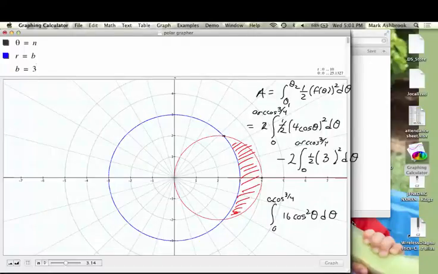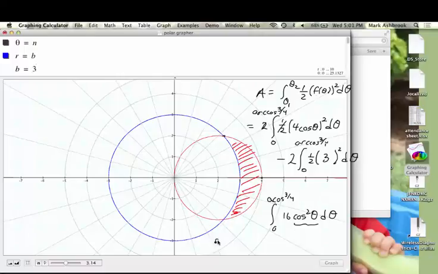This is the most important integral from section 6.2, either cosine squared or sine squared. Everyone needs to know how to do that integral by hand. Do you remember what you use? Half angle formula.